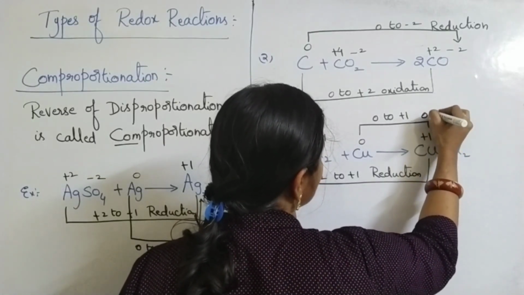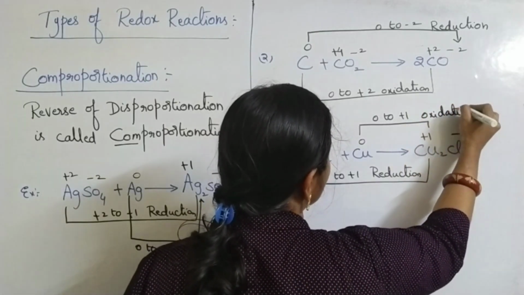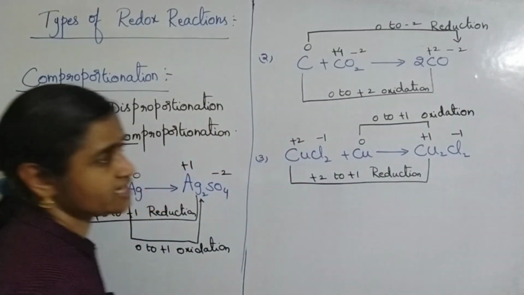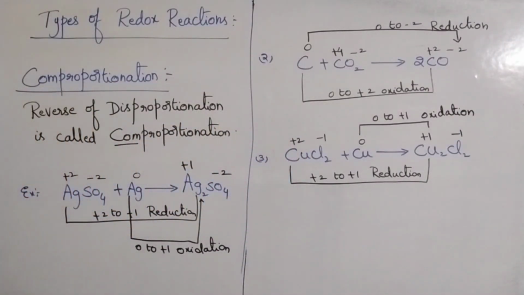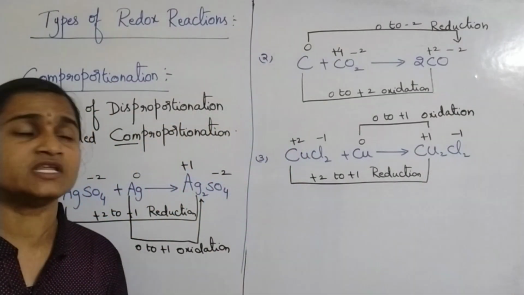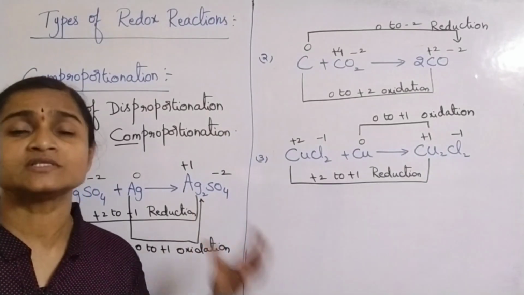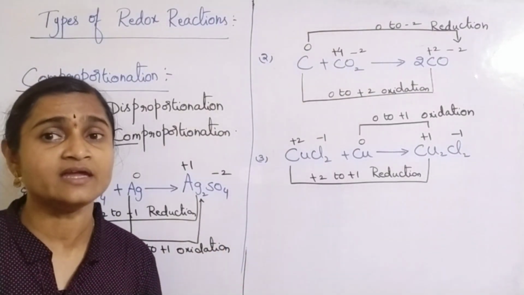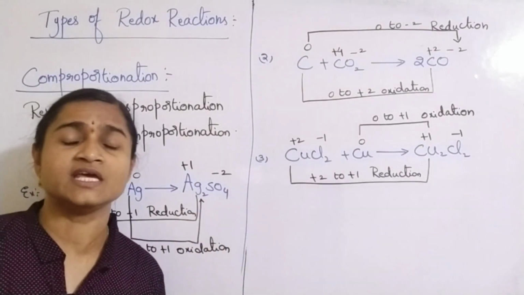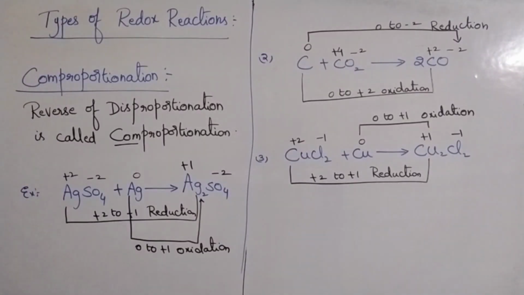Increase means oxidation. Same element copper is undergoing both oxidation and reduction. That's why it is an example for comproportionation reaction, in which 2 different oxidation states you are finding in reactant side and 1 single oxidation state in product side. Combination కాబట్టి 1 single oxidation state in product side. So this kind of reactions are called as comproportionation reactions.